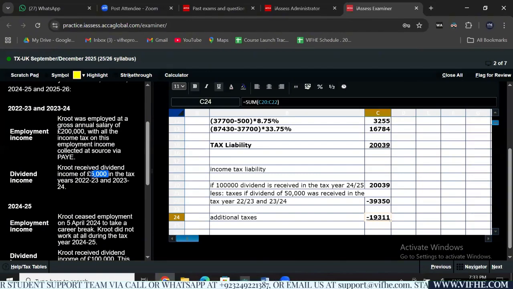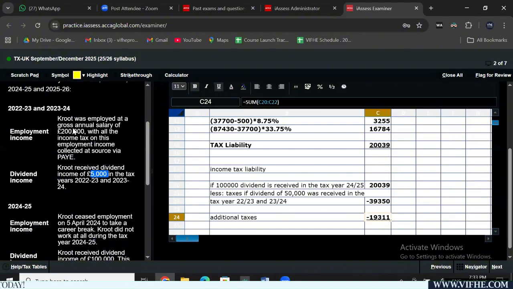They must have lost personal allowances already because ANI is far greater than £100,000. And on the dividend they were receiving, they must have used the nil rate band as well. So if they get £50,000 as well, then the additional rate will have been applied because he is now an additional rate taxpayer.